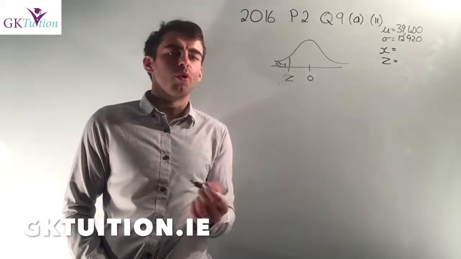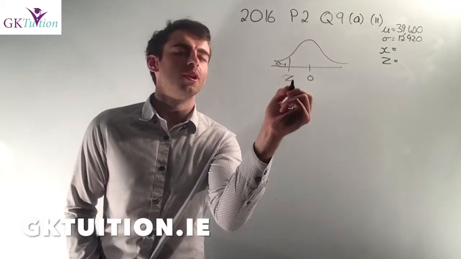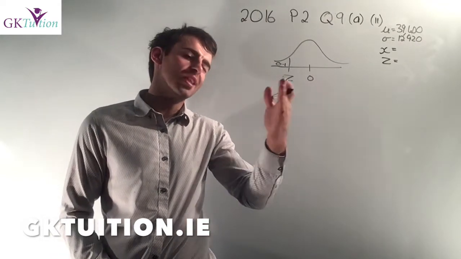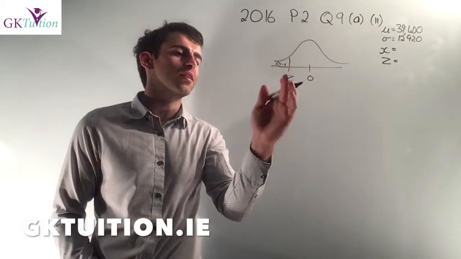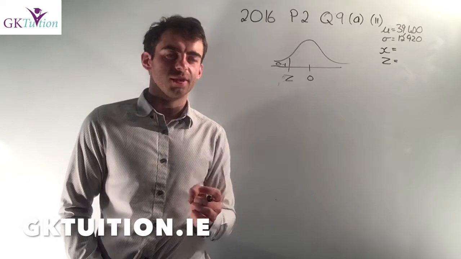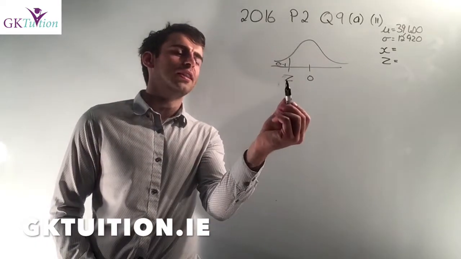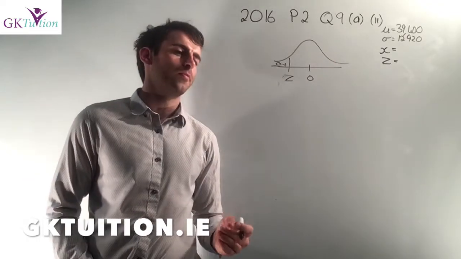The smallest proportion in my log tables is 0.5. So it's actually impossible to find this Z-score. And the reason for that is because this one is less than the mean. If this is 0, any figure less than the mean is clearly negative, and there's no negative Z-scores in my log tables. So rather than finding this Z-score, I need to find the corresponding Z-score on the positive side of my normal curve.